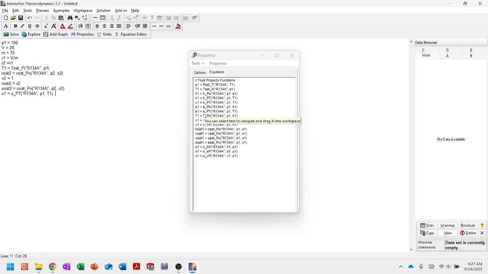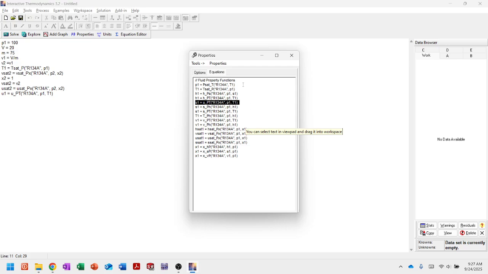Let's go back to V1, temperature, pressure, and compare. I don't know my quality. For V1, I need temperature and pressure. VSAT, if that is temperature and quality, I could compare that here. So let's do that as well, just to confirm.